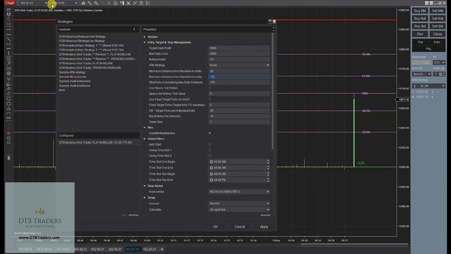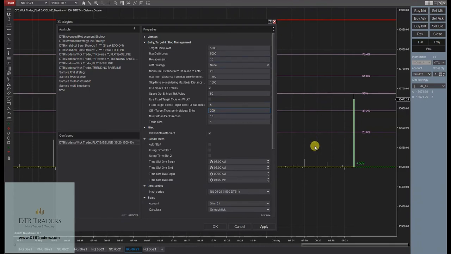But because we're trading a 1500 baseline, if you put in 1450 in there, your stop ticks will be your 1500, which is the size of the baseline. You can space out your entries to whatever amount you want, and then you can choose specific targets for your entries, or you could target a specific value back to the baseline. So let's just make this 200 in this example.